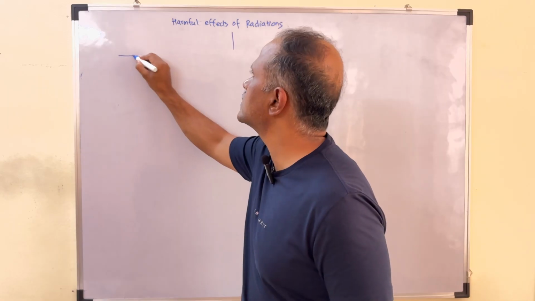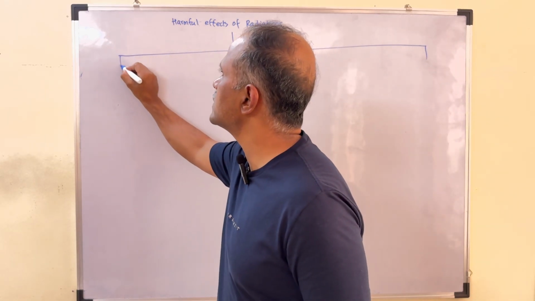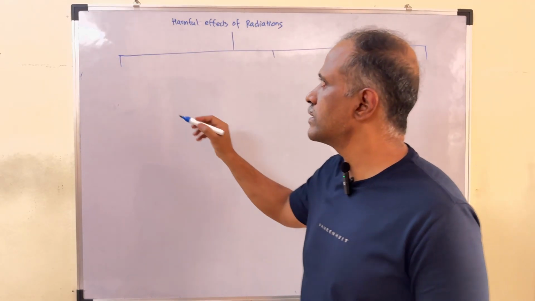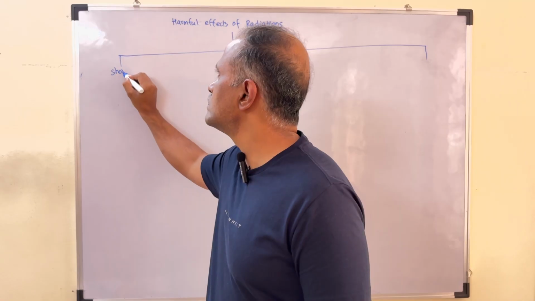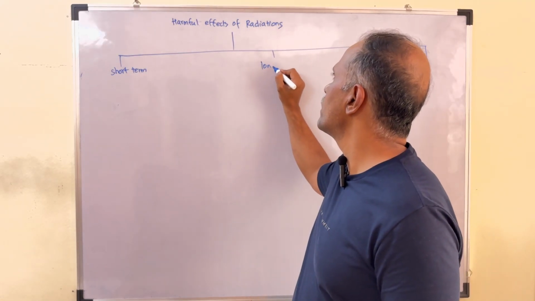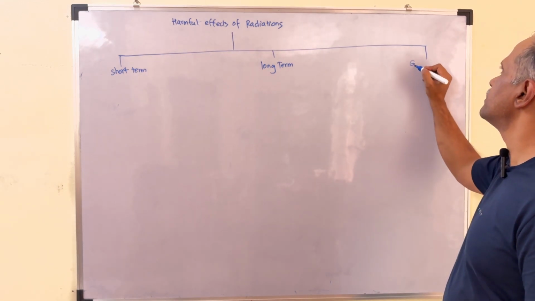As our book says, there are three effects which we can categorize into: short term, long term, and genetic.